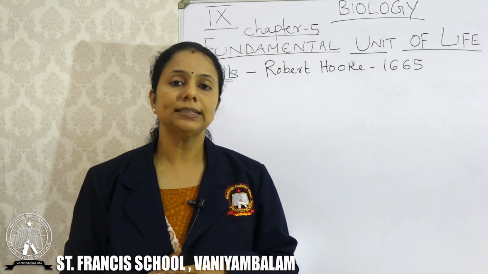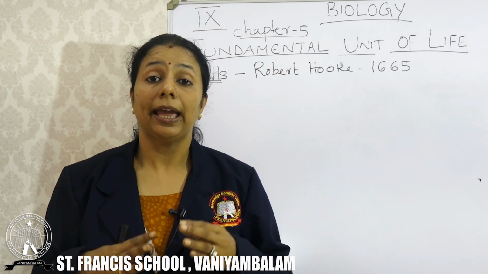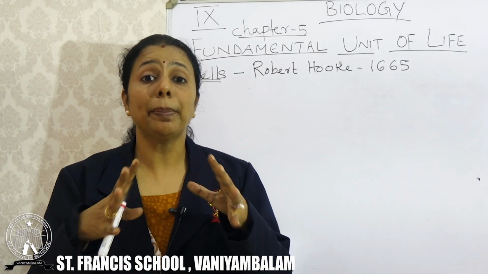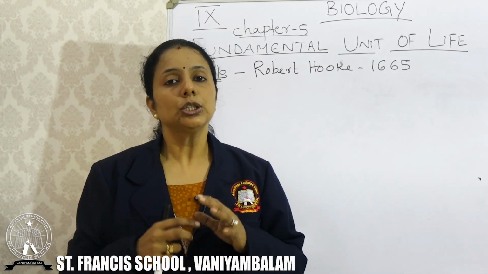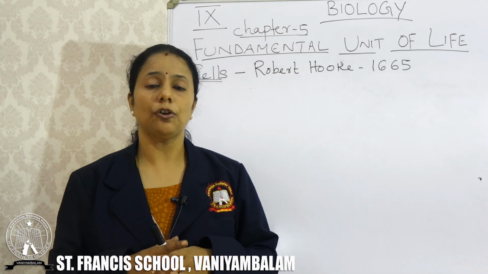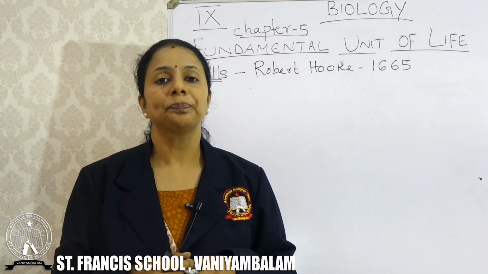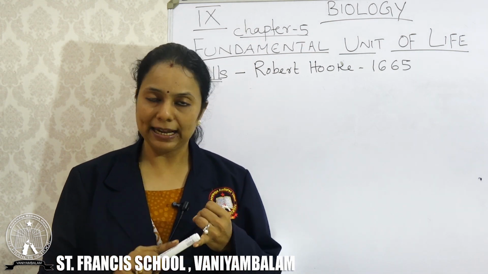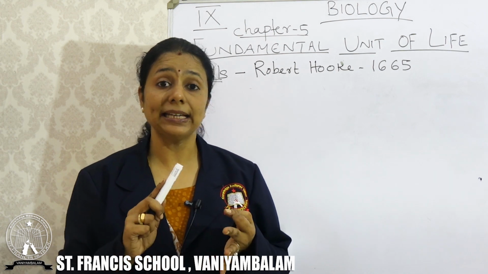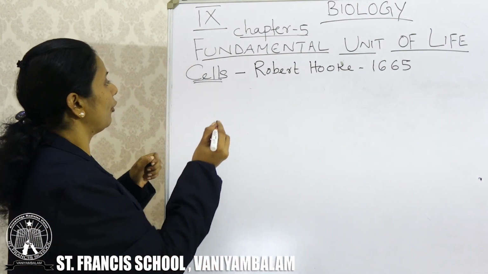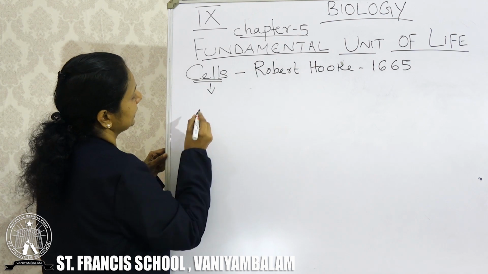In today's class, we are discussing the main parts of a cell. Each cell consists of mainly three parts: cell membrane, nucleus and cytoplasm. So what are the main parts of a cell?